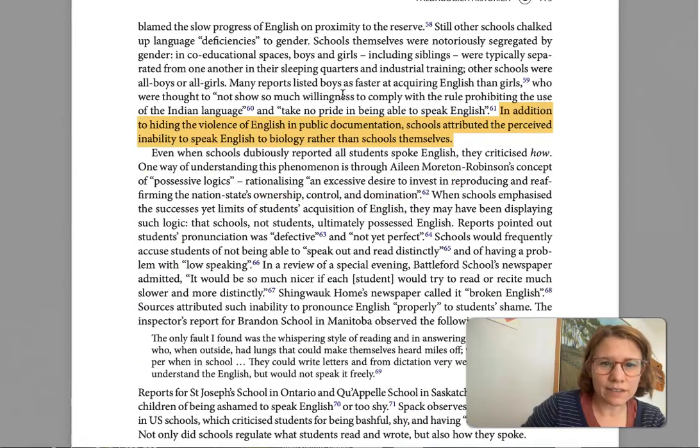So there's that. And so, yeah, she's saying, in addition to hiding the violence of English in public documentations, schools attributed the perceived inability to speak English to biology rather than schools themselves.